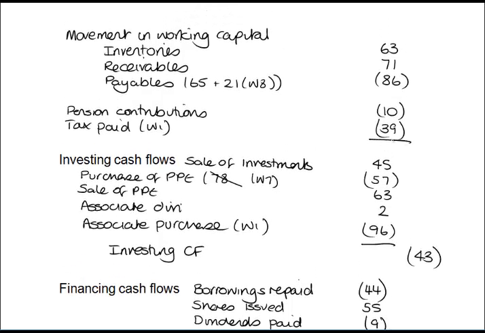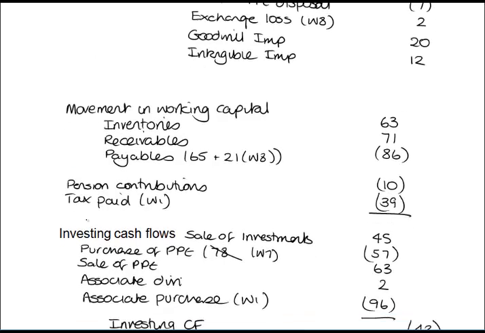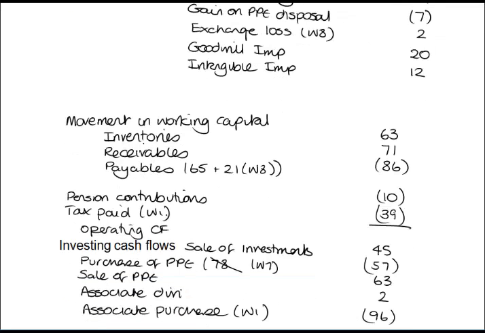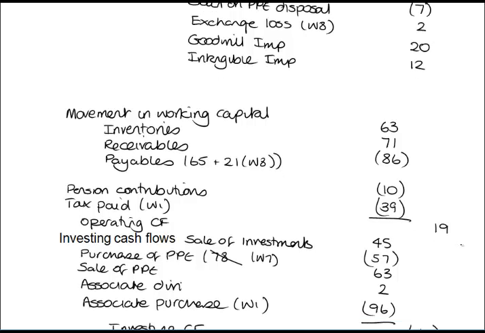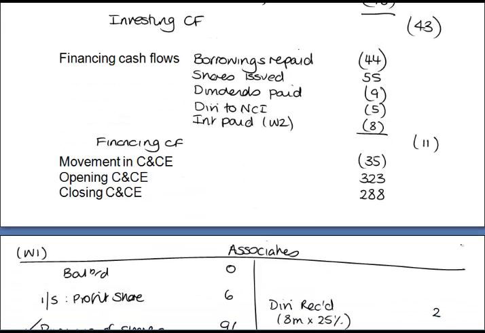And if we come to operating cash flows, and it's a mammoth operation here, if we add all of these up, we start off with a loss, we add all the adjustments through, and that gives us an operating cash flow total of 19. 19 minus 43 minus 11 adds up to minus 35, and our cash flow statement balances.